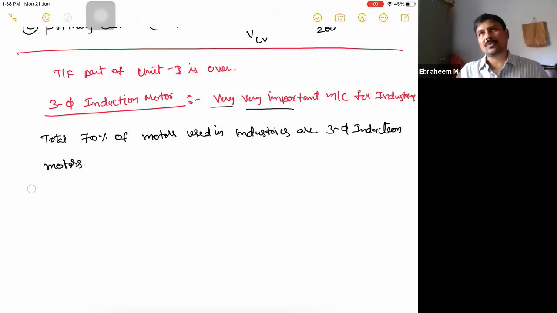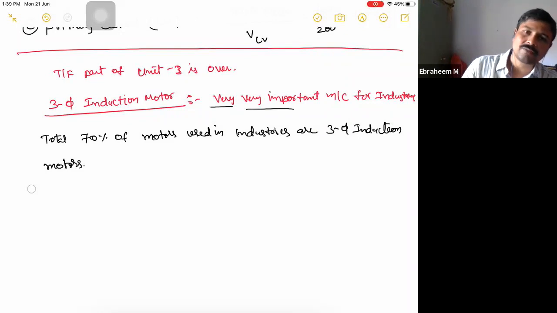If induction motors make up 70% of motors in industries of the whole world, how important is it? Does it make any sense to you?